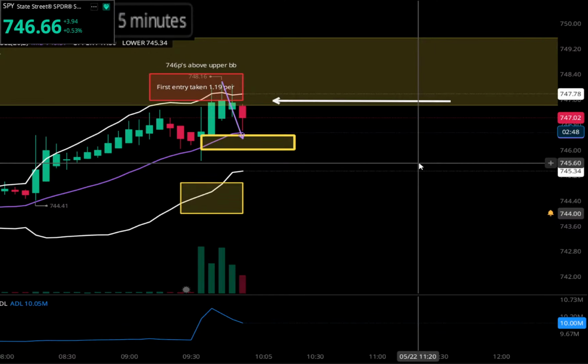And our puts are going to be taken any second here. And again, we're just going to be very, very patient for this level. We're not going to force it or anything.